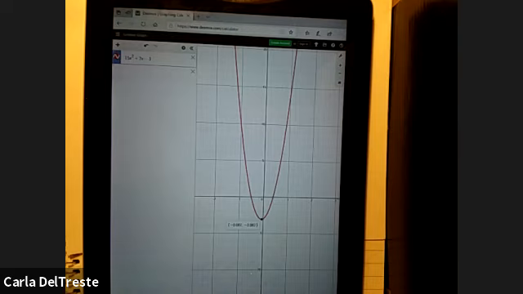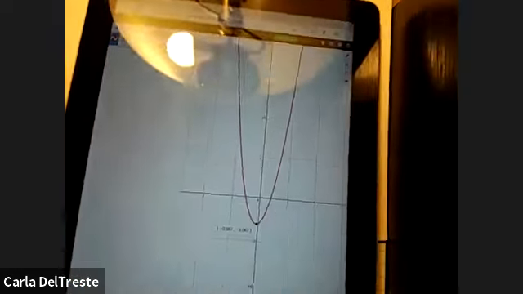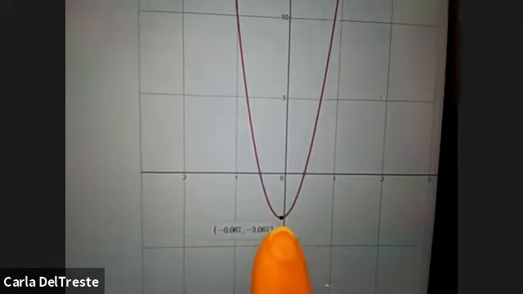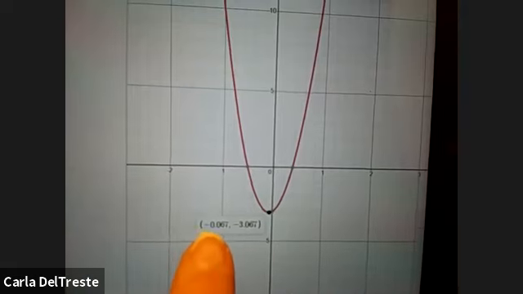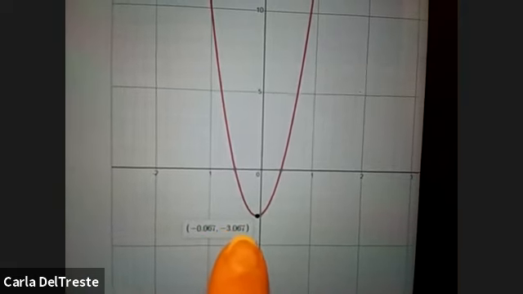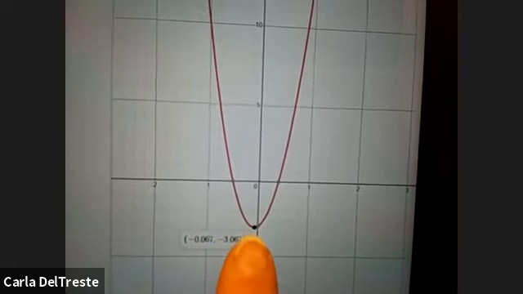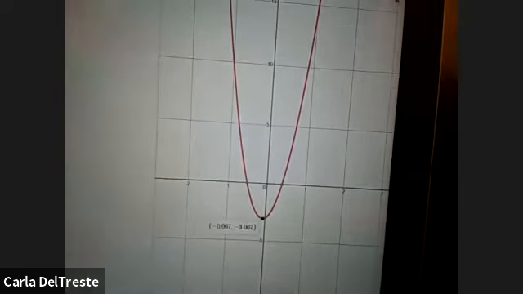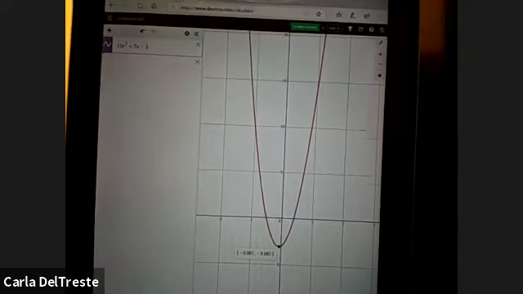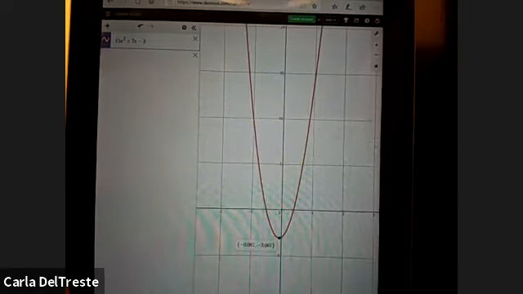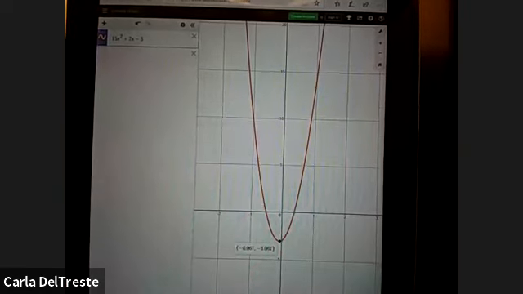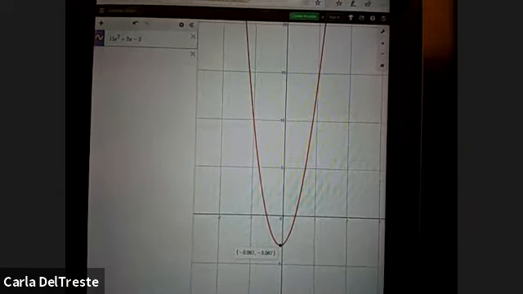So I don't have to do anything special. I touch the graph and I touch the minimum point and I see that I get negative 0.067 and negative 3.067. So again, it verifies. And Desmos is a little bit easier because it automatically finds your special points of the parabola.